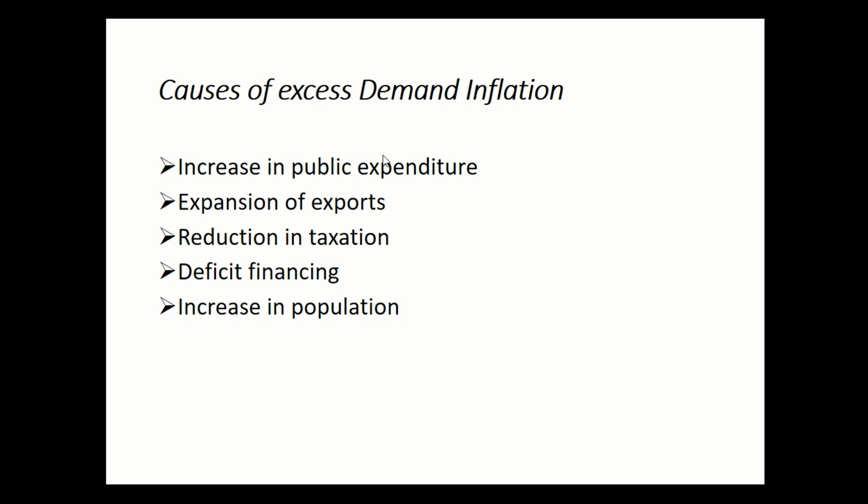With this increase in money supply, you will see that it will create purchasing power of the individuals, and this increase in purchasing power will lead to the increase in the price as well.